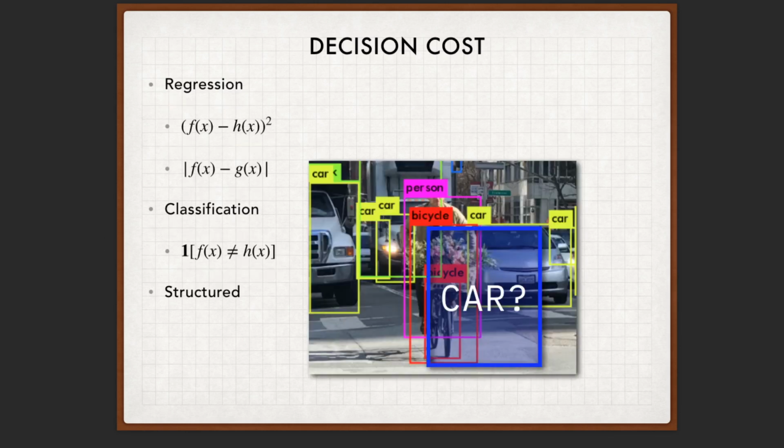On the other hand, for some of the tasks, when the prediction is structured, when the prediction itself has some complexity within it, it might not be so easy to define a simple error, even for an individual data sample.